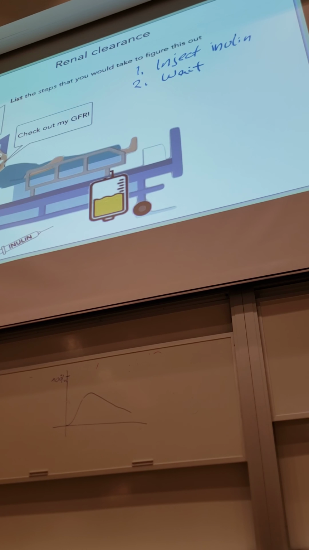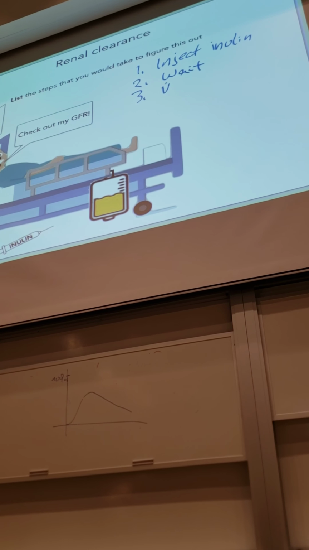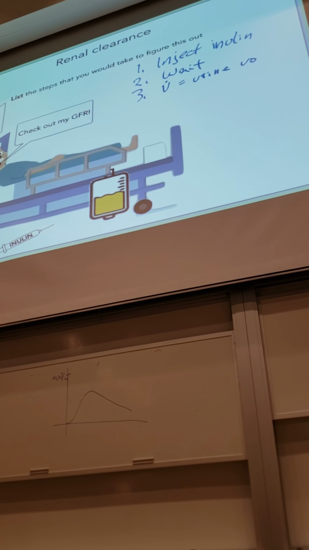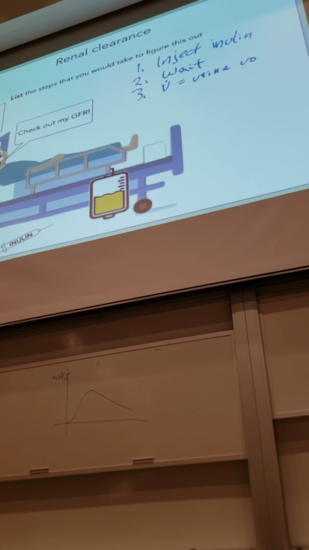We could wait an hour, let's say, which is not a long time, but let's say we waited an hour, okay? And we came up with some volume of urine, right? So we need to determine urine volume. That's the V dot, right? Actually, that's not the V dot, the V dot is the rate, excuse me.